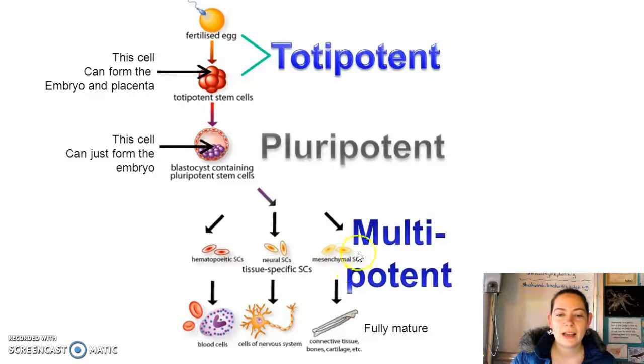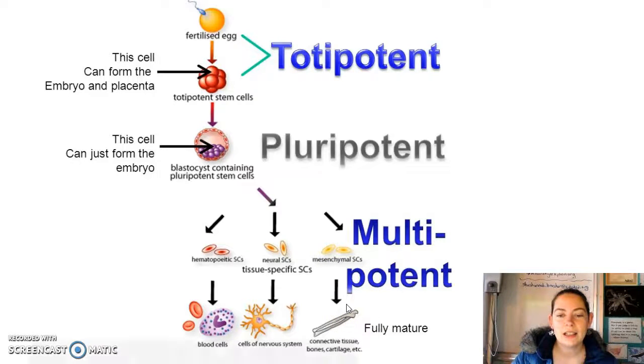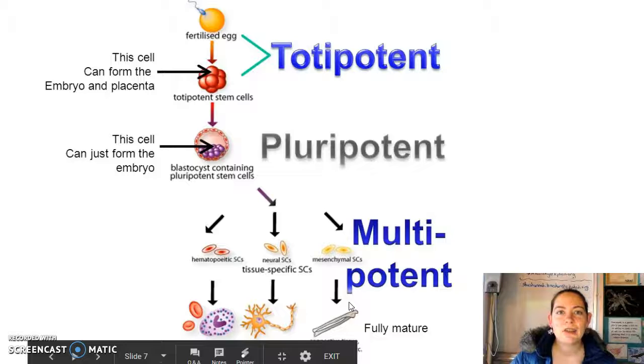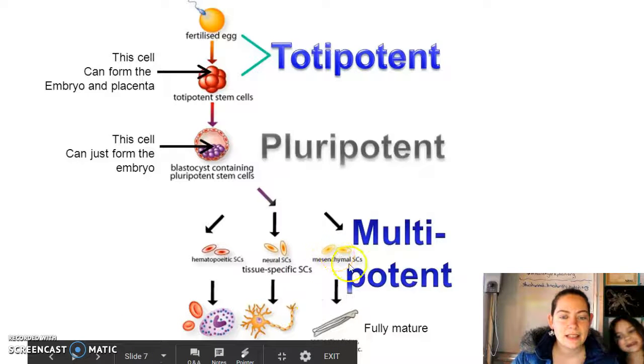They hang out in a certain tissue, and they have the genes that are needed to make cells related to that tissue, right? A tissue is a group of cells that all have a common purpose, and so these are the specialized stem cells that stay true to that type of tissue. Our bone stem cells can't suddenly become nerves or blood cells. They're going to stay in there with their type.